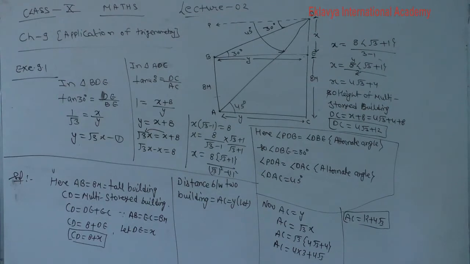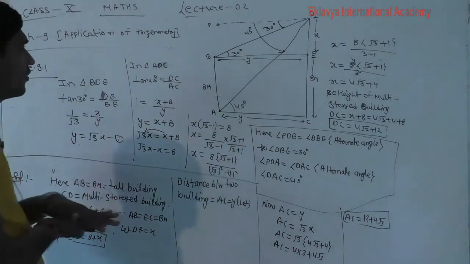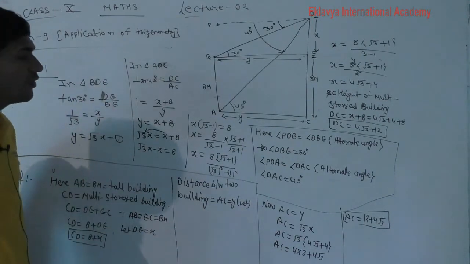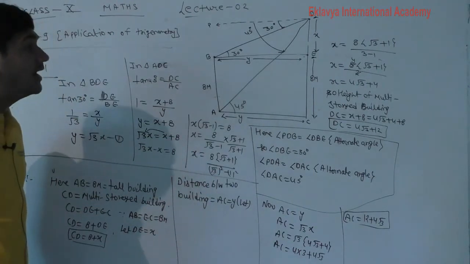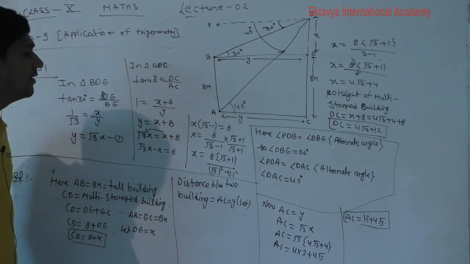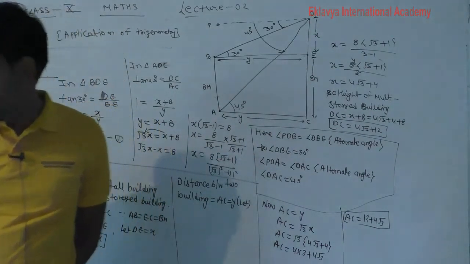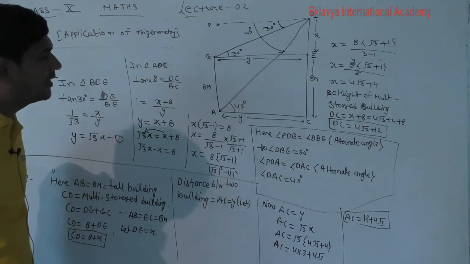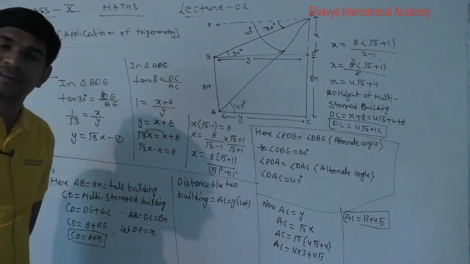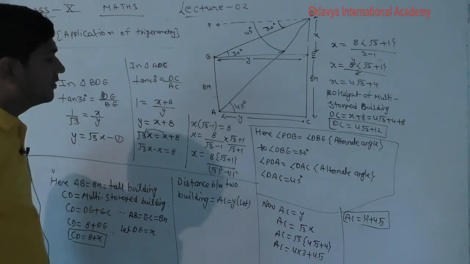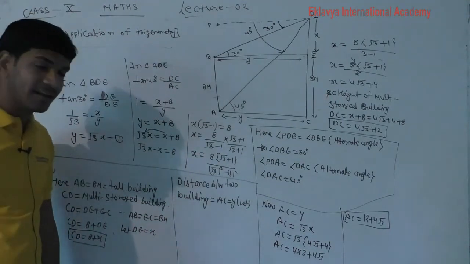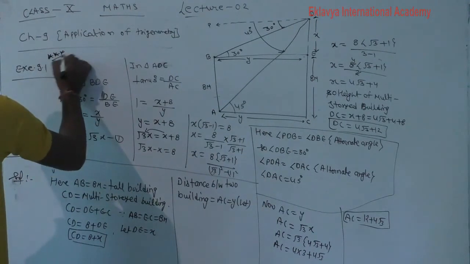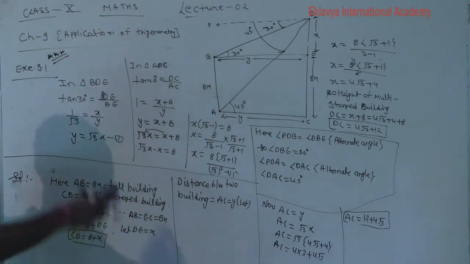Okay. After forming the diagram, we will use the concept of angle of depression. And in the case of angle of depression, what do you have to do, students? Using the concept of alternate angles we will find out the angle. After finding out the angle we will identify here how many right angle triangles are forming here. After finding out the right angle triangles we will apply the basic concept of the angle of elevation. Then we simplify, then we will get the unknown value. Understand? So that is a very important question. Now next question.